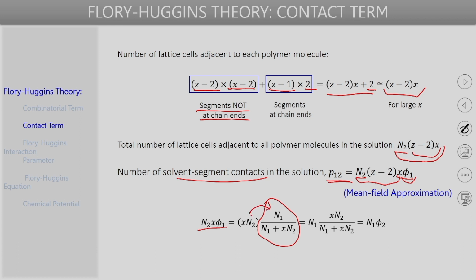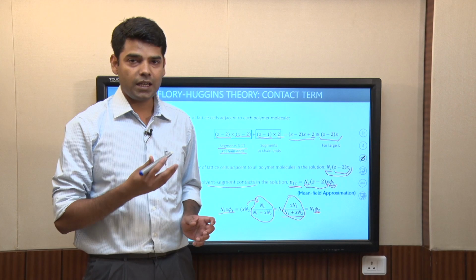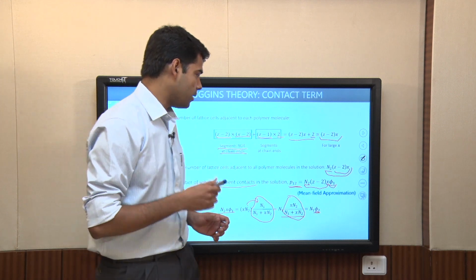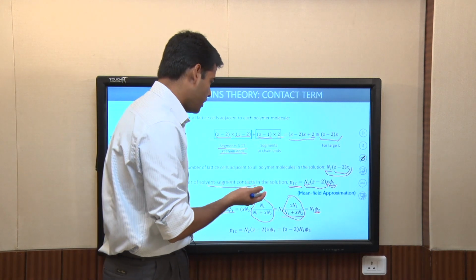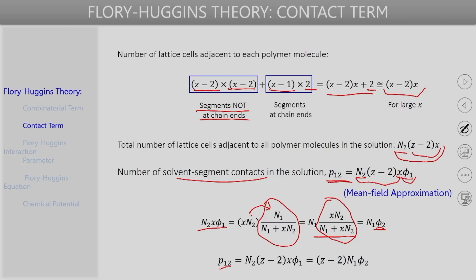So, just rearranging we get this expression, and this ratio is nothing but phi 2. So, essentially N2 times x times phi 1 can be simplified to N1 times phi 2. So, now, based on this simplification, the expression for P12 becomes z minus 2 N1 times phi 2.